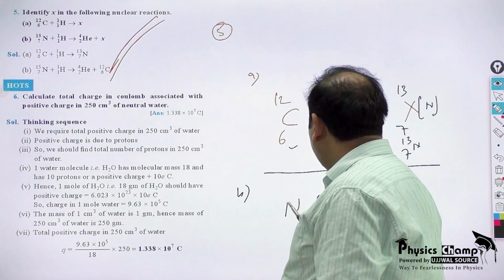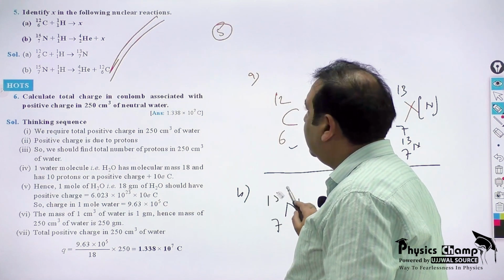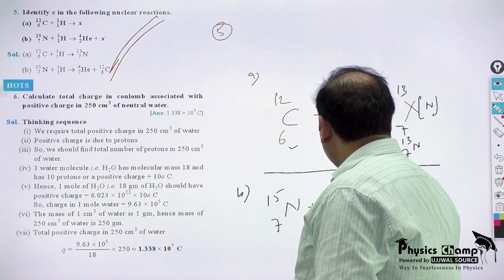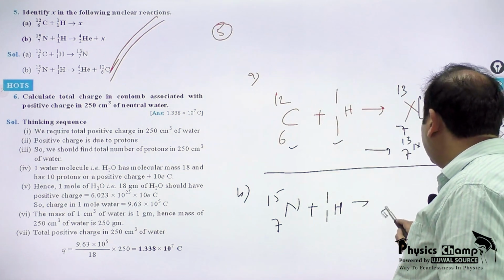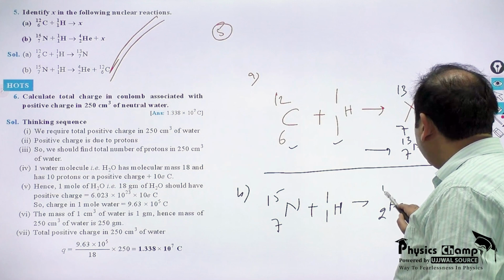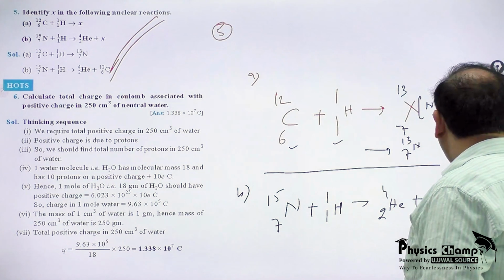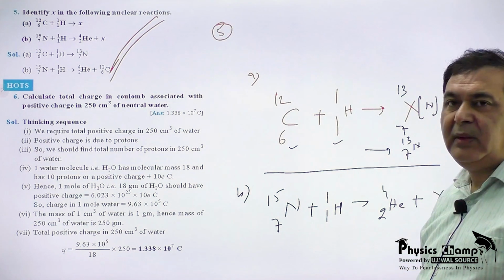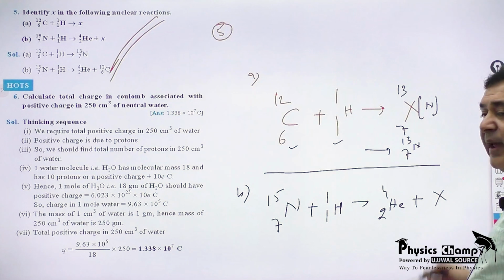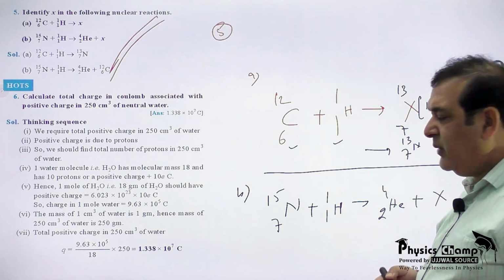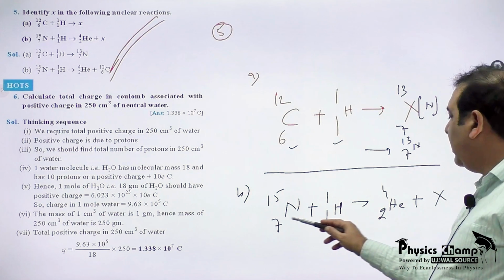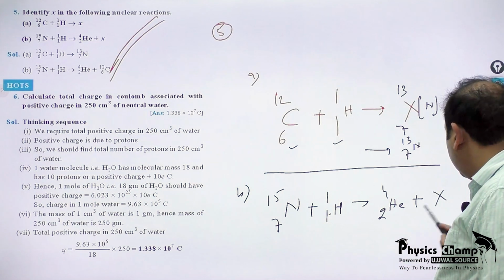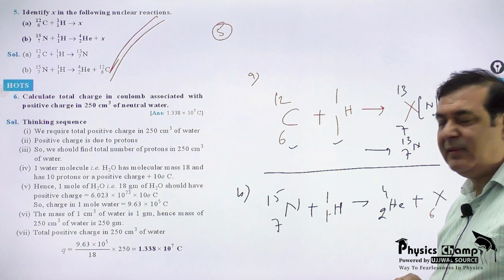Similarly, let's take part B. Here you have 7N15 plus 1H1, and as a result you get 2He4 plus X. Now what is the value of X? Here it is 7 plus 1, 8 minus 2, so I am getting 6.